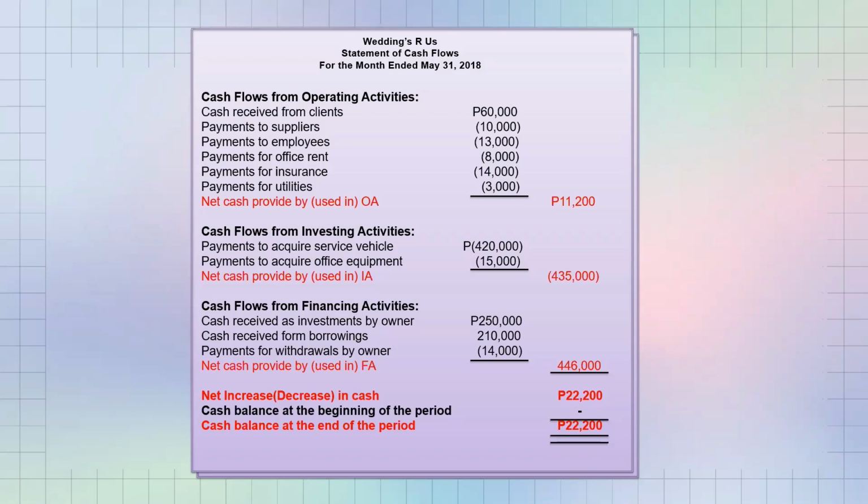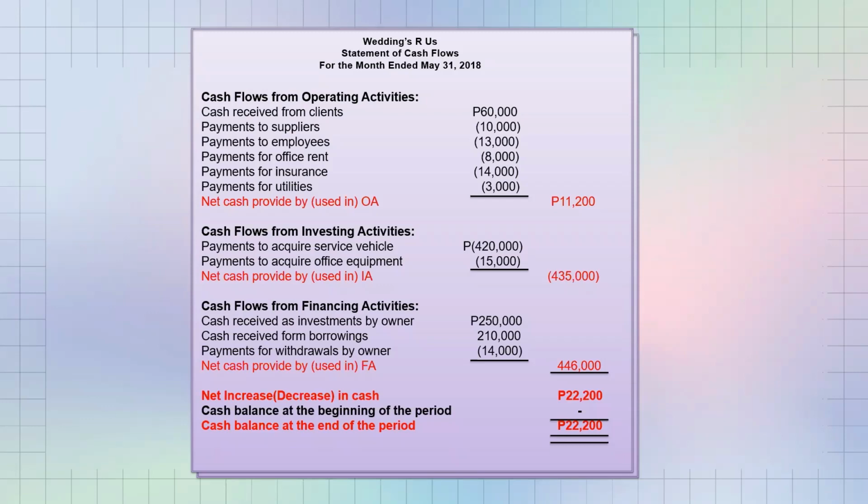After the heading, we go to cash flows from operating activities. We subtract the outflows from the inflows under this activity, and if the total is a positive amount, it is called net cash provided, as Ate Roma said earlier. But if the amount is negative, it is called net cash used.